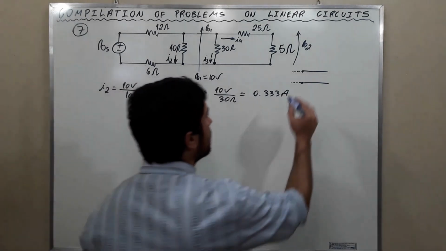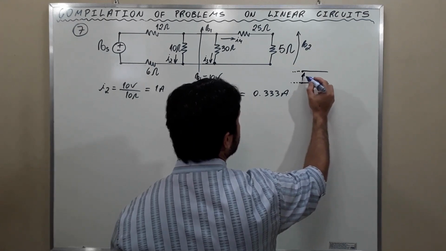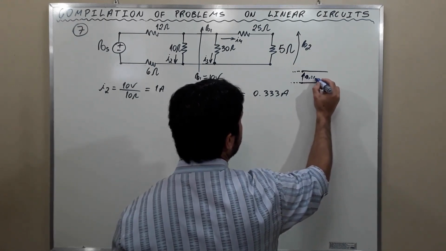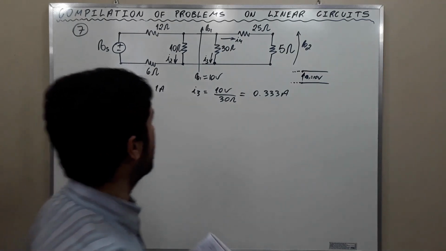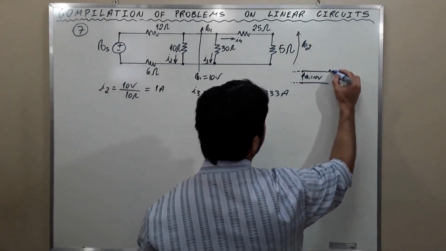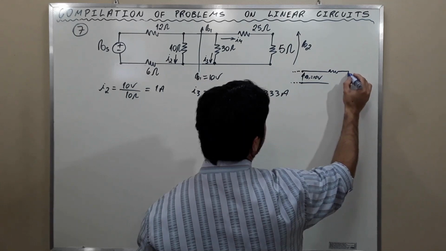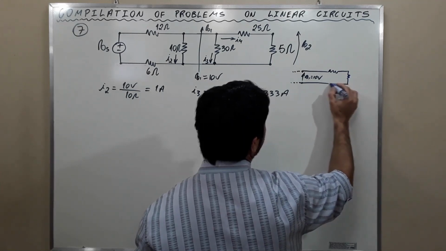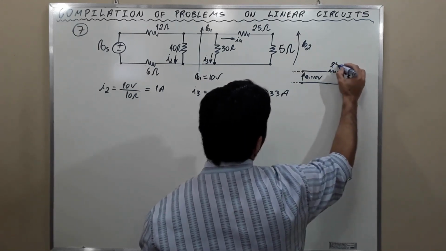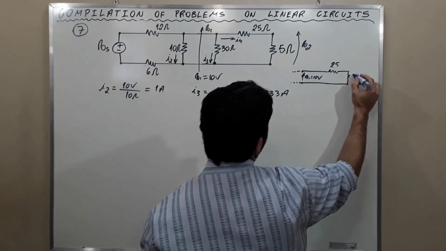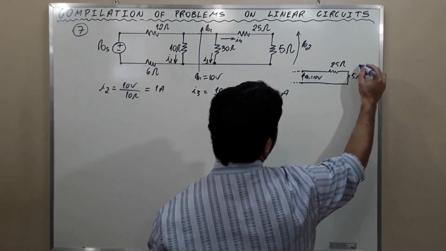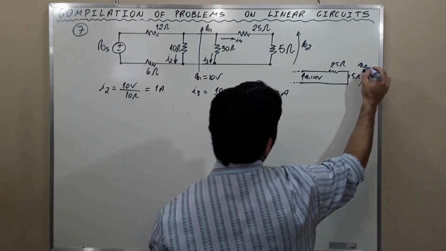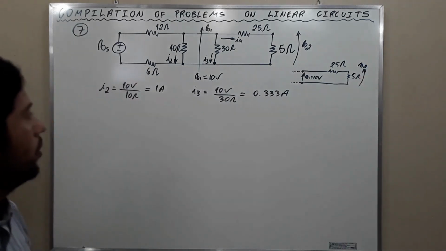We know that here is V1, and we have here 25 and 5 ohms.